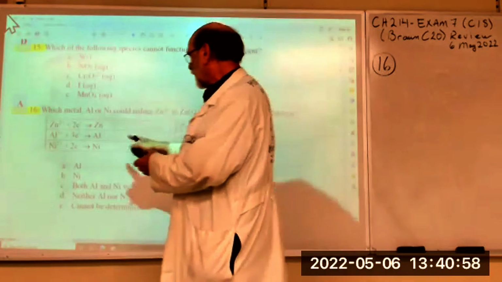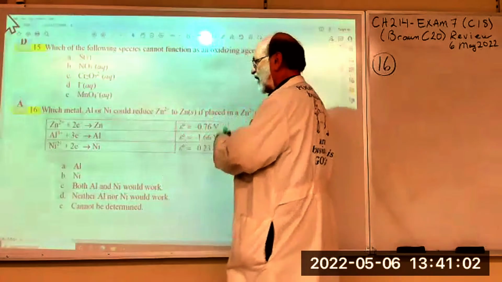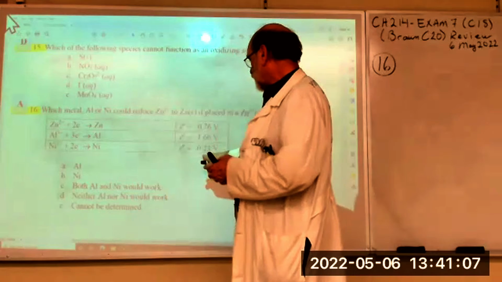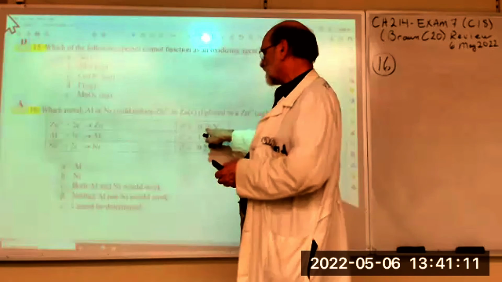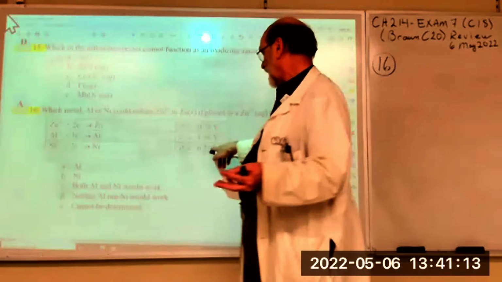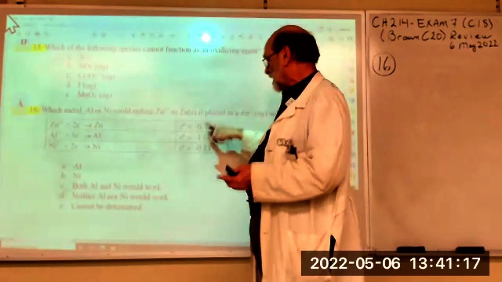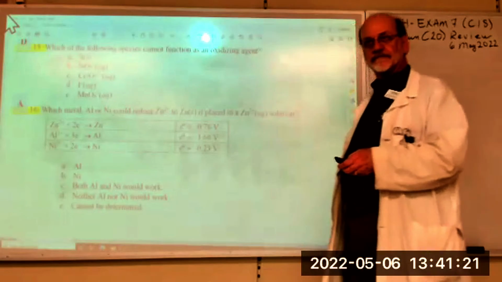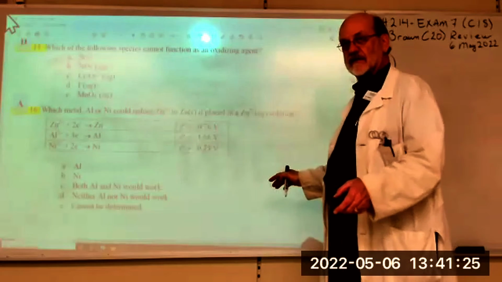So which one of these flipped to the positive, aluminum or nickel, will give you a positive value? Well, if we make 0.23 volts positive and add them to minus 0.76, we still get a minus. So that one's not going to work. This one, if we make it positive, will give us a positive value. So aluminum will do it, but not nickel. Does that make sense? Okay.